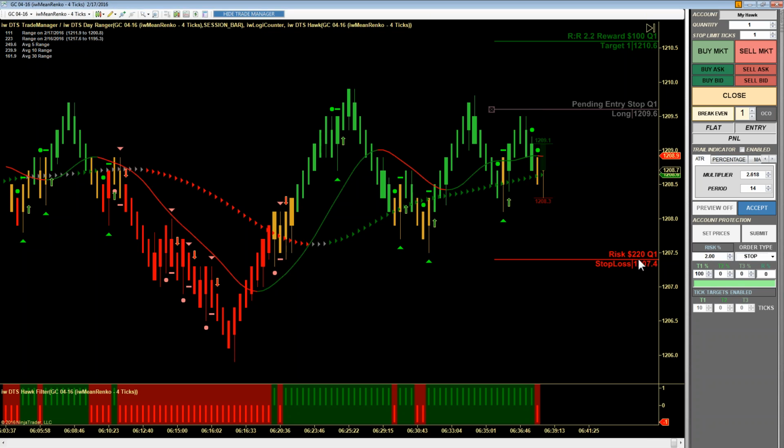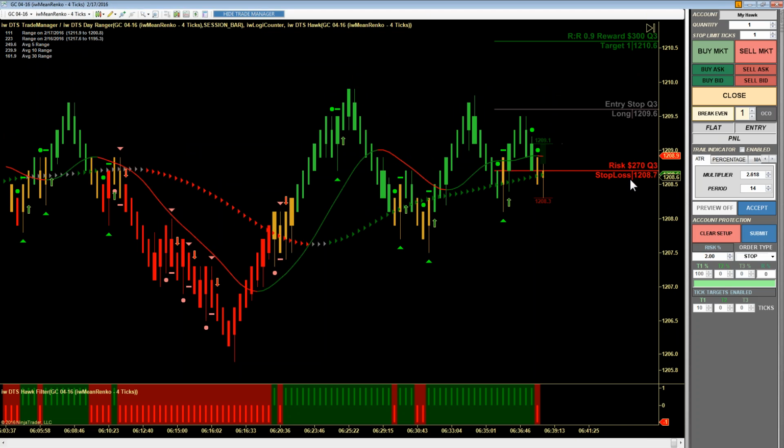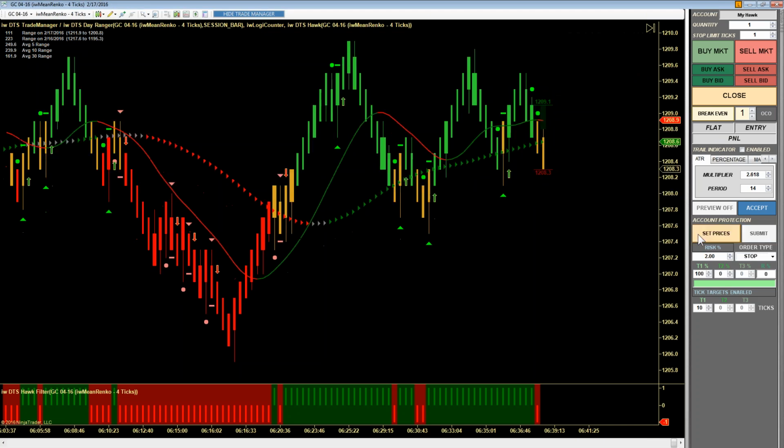So you see right now I'm risking $220 on the trade, and it's into yellow bars now, so we're not going to take the trade anymore. But had I set it up the same way and say I place my stop here, oh look, I'm risking about the same amount, rounding errors and whatnot. But it's always going to maintain my risk the same regardless of where I place my stop.